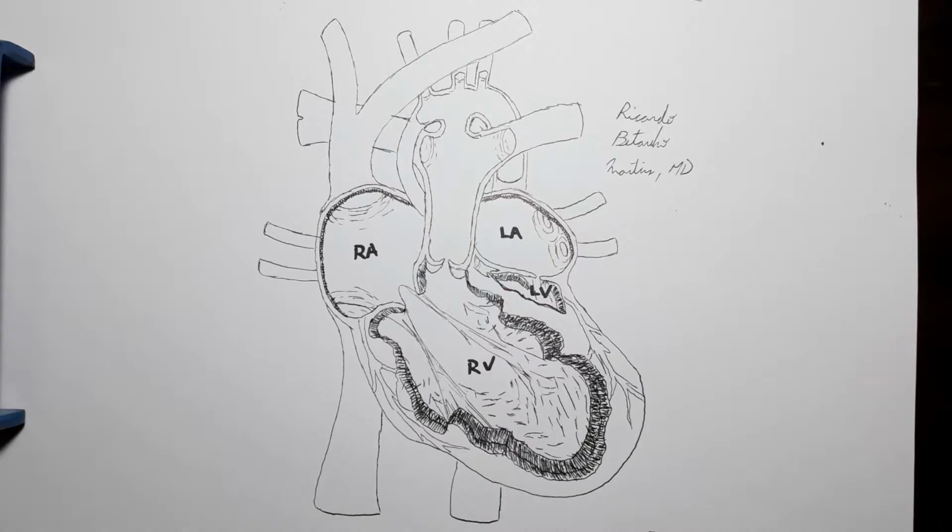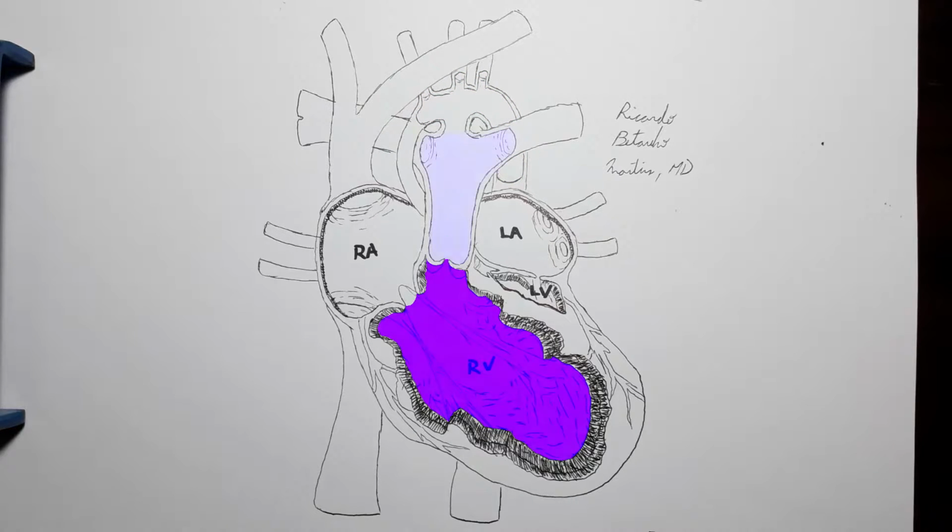So also, if all the blood has to go through the pulmonary trunk, then, by extension, all the blood, both for the pulmonary circulation and the systemic circulation, has to be pumped by the right ventricle into the pulmonary trunk.